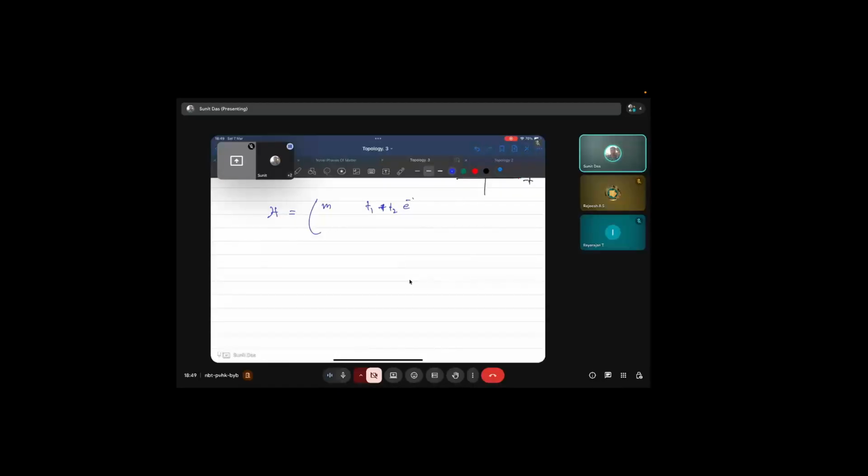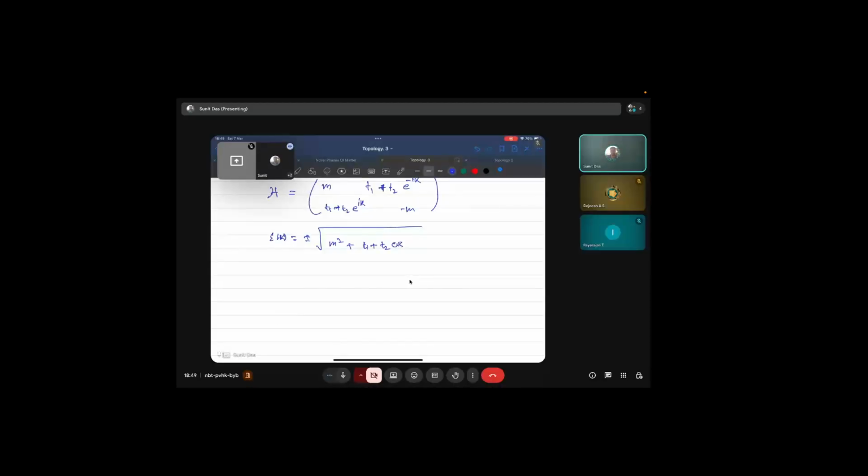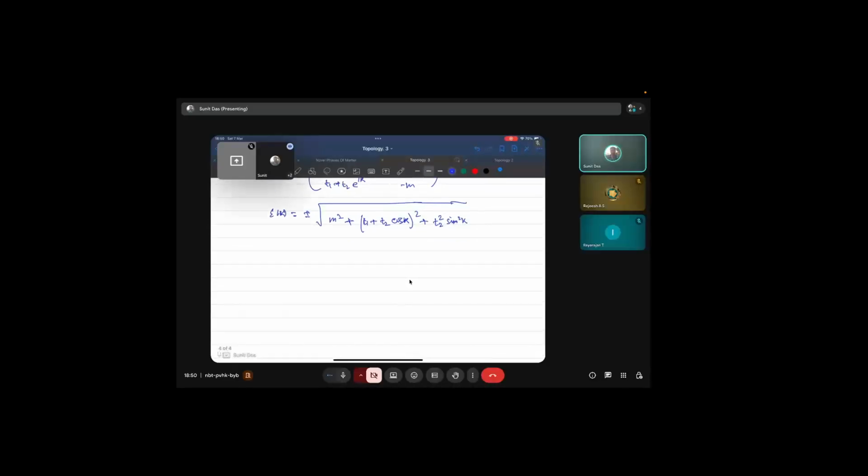T2 e to the power minus ik, and then T1 plus T2 e to the power plus ik and minus m, right? Again, you will find the energy in terms of k will be plus minus the square root of m square plus (t1 plus t2 cos k) whole square plus t2 square sine square k. So this is the energy expression.